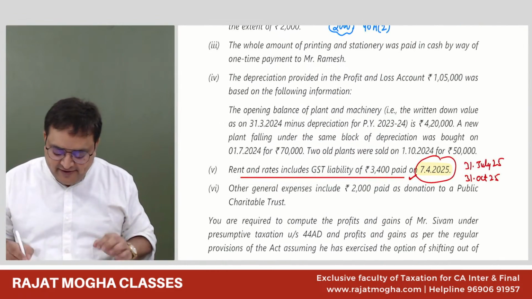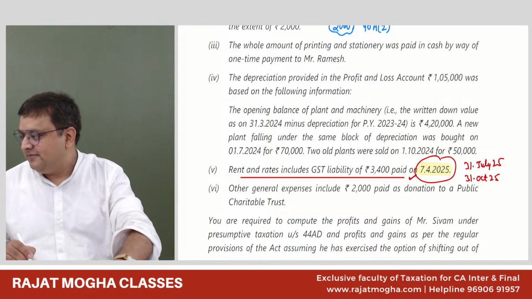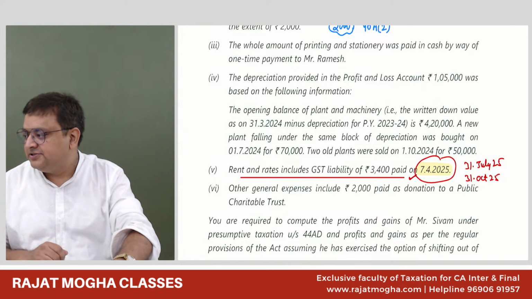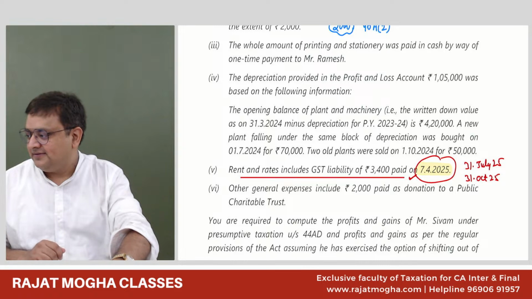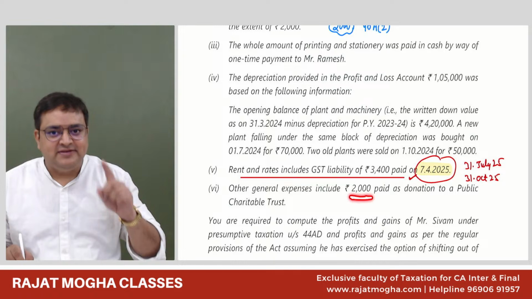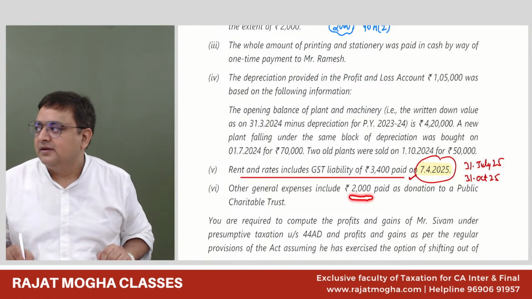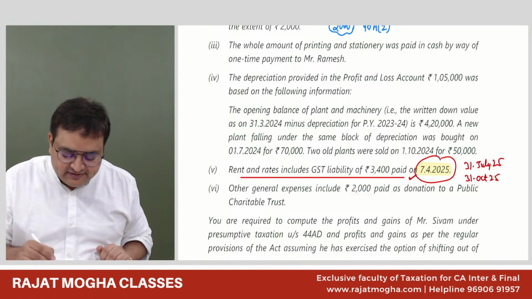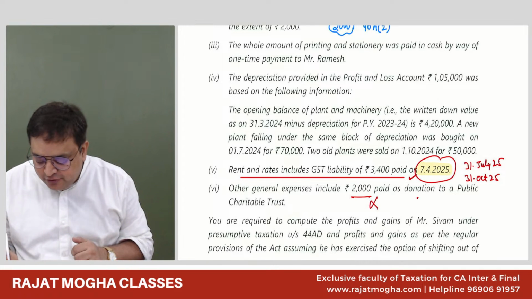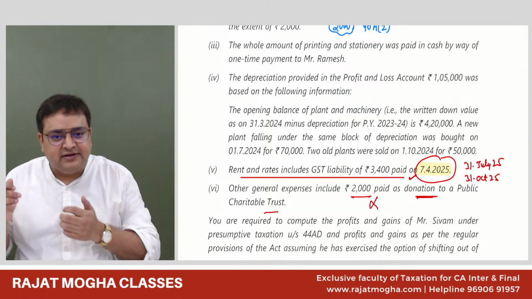First of all, tell me whether it is a business expense. Students on YouTube, please tell me. No, sir, it is not a business expense. 2,000 rupees paid as donation is a donation to a charitable trust, to some NGO.